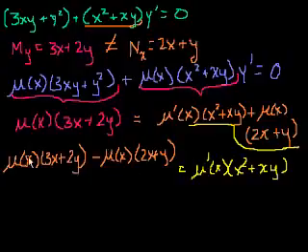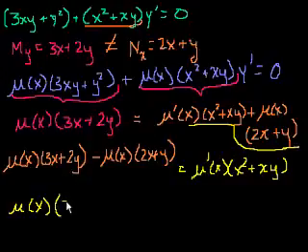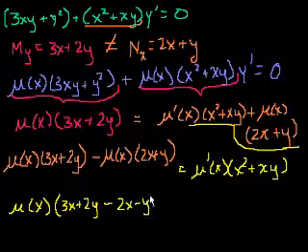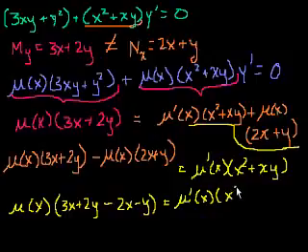And if we factor out a mu of x here, we get mu of x times 3x plus 2y minus 2x minus y is equal to mu prime of x, the derivative of mu with respect to x, times x squared plus xy.